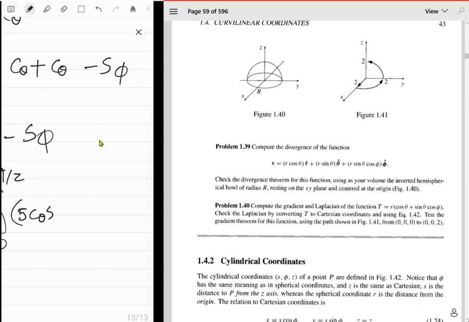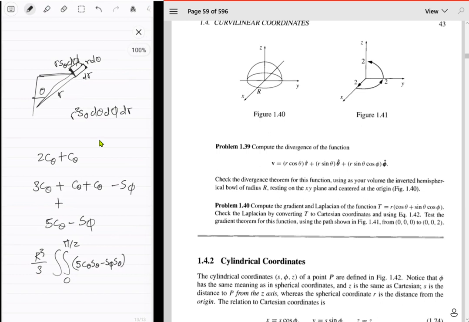Cosine theta sine theta, and sine phi sine theta. That's interesting. You got d theta over there and you got d phi. The phi is going from 0 to 2 pi. Nice. First we'll have to integrate this thing, which is like phi upon 2 sine of 2 theta, right?